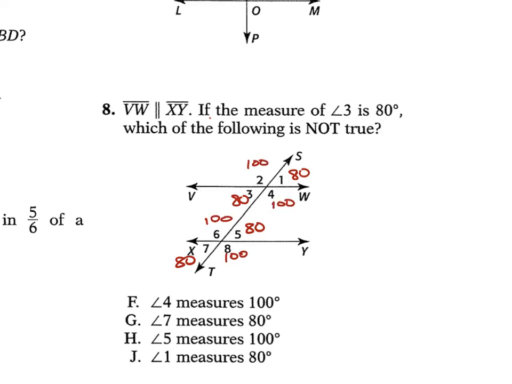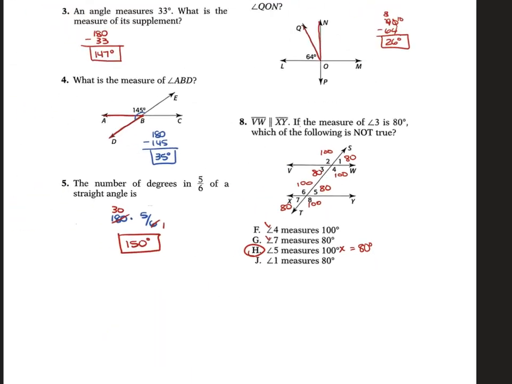So it tells us that the measure of angle 4 is 100 degrees. That's true. The angle measurement for angle 7 is 80 degrees. That's true. Angle 5 measures 100 degrees. That's false. It equals just 80 degrees. So H is the one that's not true.